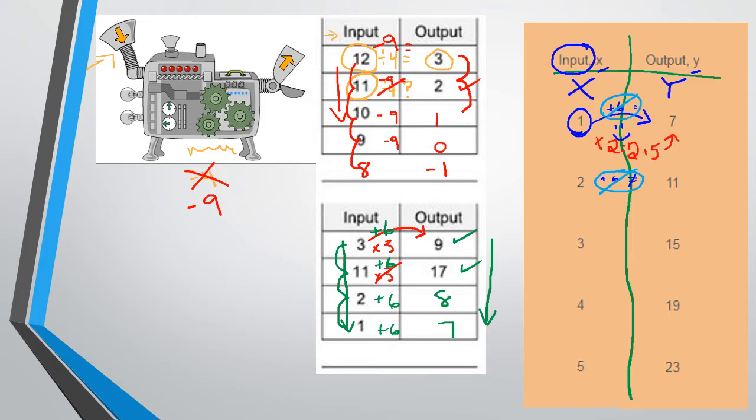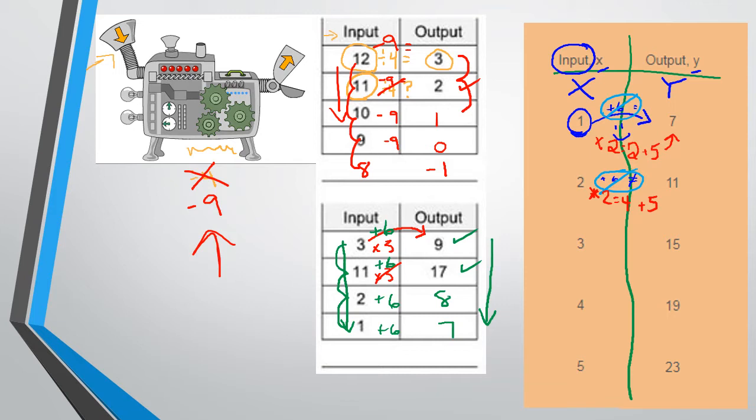So sometimes input-output machines, these guys here, sometimes they can do 2 steps. So in this case, in this yellow box, let's try this on the next step. Times 2, which is 4, and add 5. No, that's 11, and that would make 9. Okay, let's try a different one.